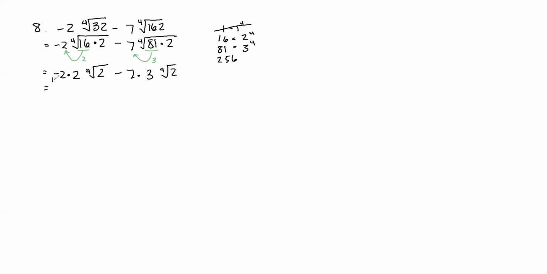We simplify. Negative 2 times 2 is negative 4 fourth root of 2. Minus 7 times 3 is 21 fourth root of 2. These roots are the same, so we can combine our coefficients. So negative 4 minus 21 is negative 25 fourth root of 2.